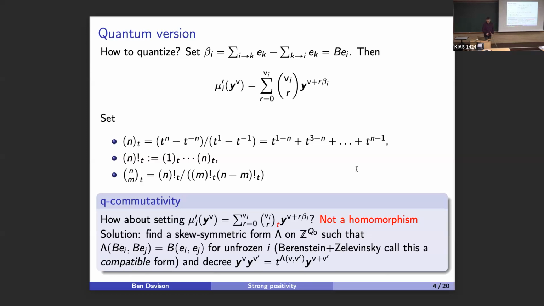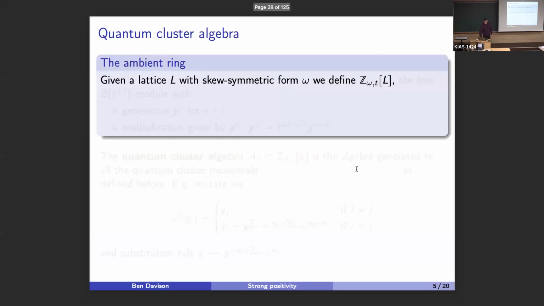Okay, so let me just spell out how that definition now goes. So we have L, and now we give it a skew-symmetric form, omega, which could come from anywhere, but in the end for us will come from a quiver. And we define the quantum torus as something having a Z[t, t inverse] basis given by the same monomials as we had before for the Laurent polynomial algebra over Z, but now coefficients are in this Laurent polynomial algebra in t.